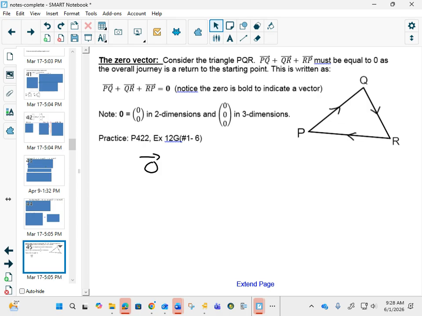And finally, the last thing we're looking at today is the zero vector. The zero vector basically means you don't move in any direction.